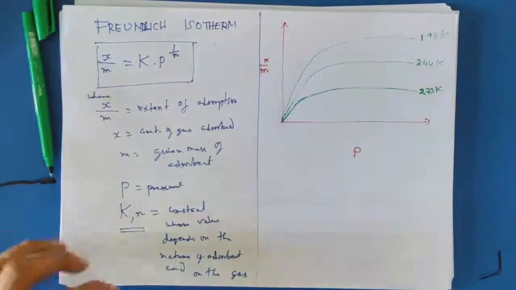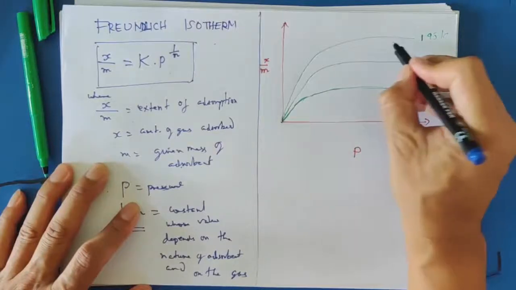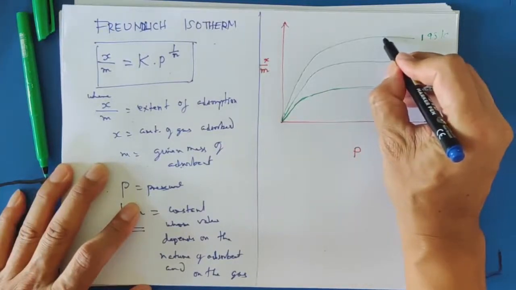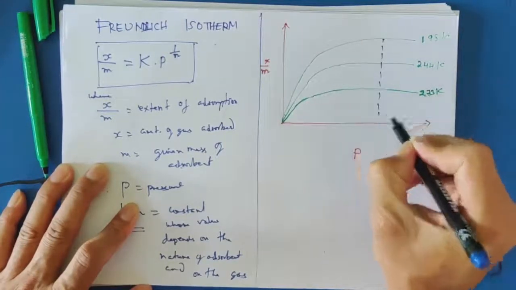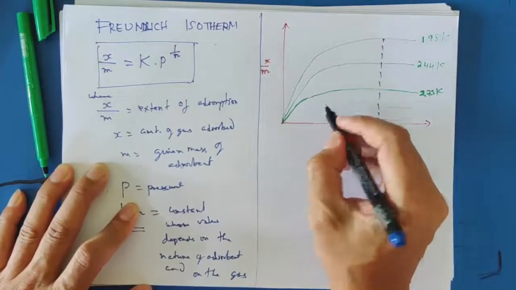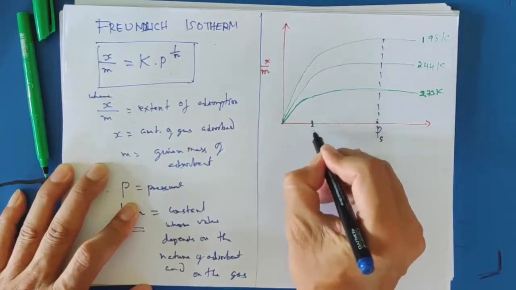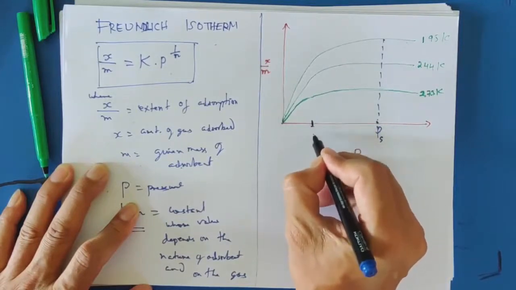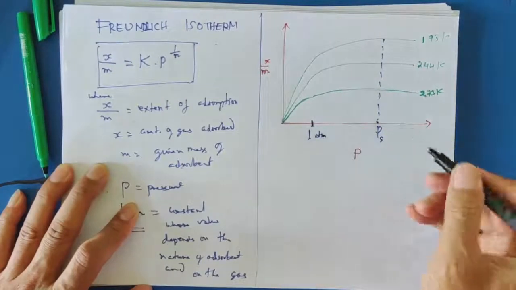At the point where the curve becomes constant, roughly this will be your PS, the saturation point. Let's take 1 atmosphere at this point.